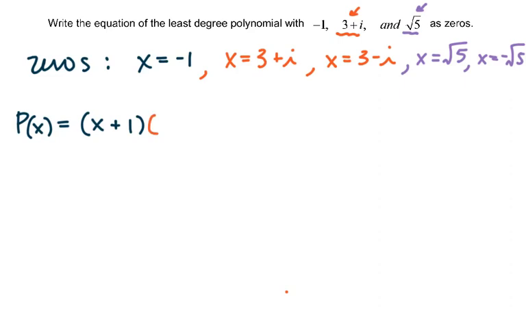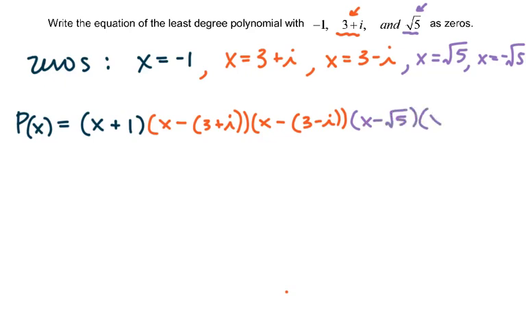I'll have a factor x minus the quantity 3 plus i, as well as a factor x minus the quantity 3 minus i. I have x minus the square root of 5 and x minus negative square root of 5. So I have 5 factors that I need to multiply.